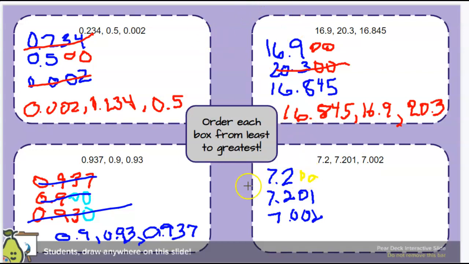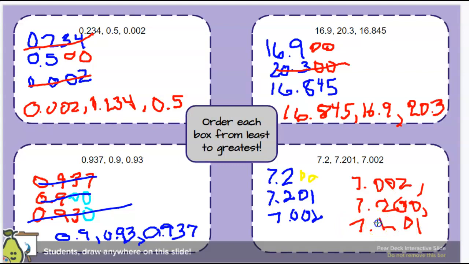So let's see, 2 would come first, so this last one. Then it would be 200. Oh my goodness, my computer's getting laggy, I'm sorry. And then it would be 7 and 201 thousandths. I'm sorry, my computer is not doing it right.